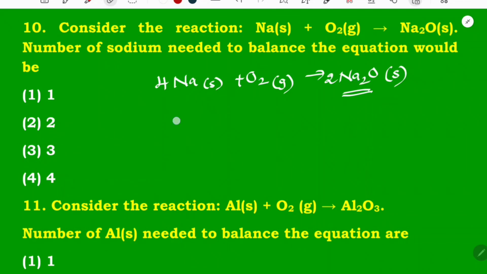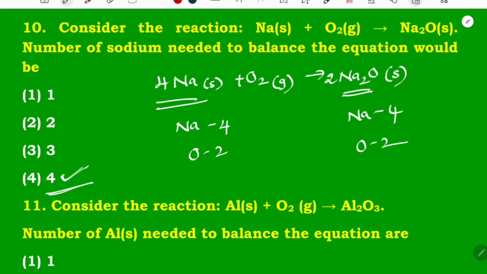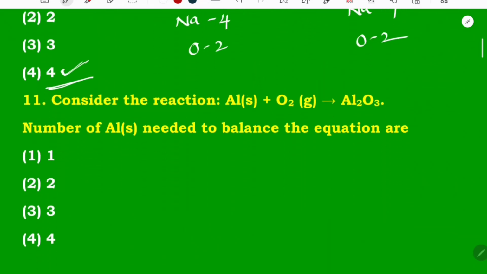Now balanced: this side sodium 4, and the other side sodiums 4. Oxygens 2 on this side and 2 on the other side. So how many sodiums are required to balance the equation? 4. 4 sodium atoms are required to balance the equation. So next question.